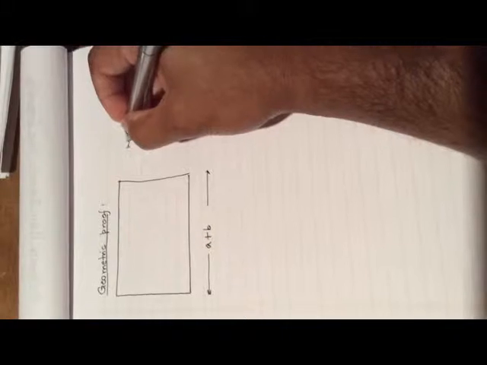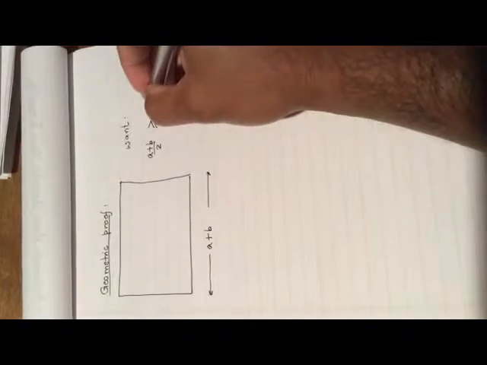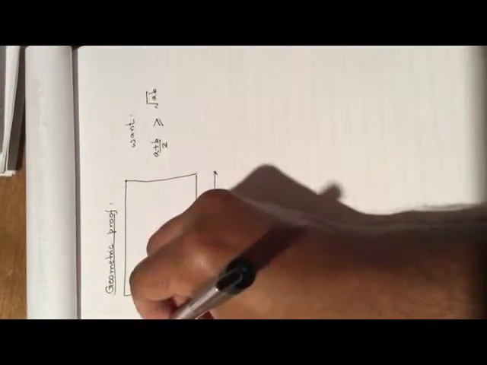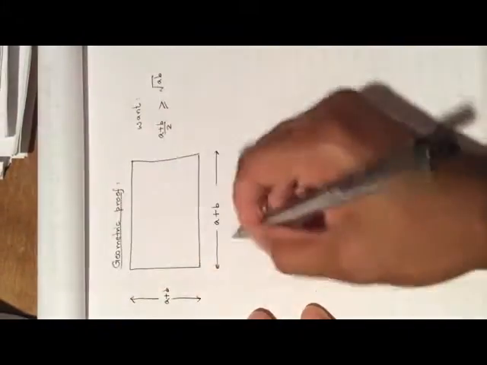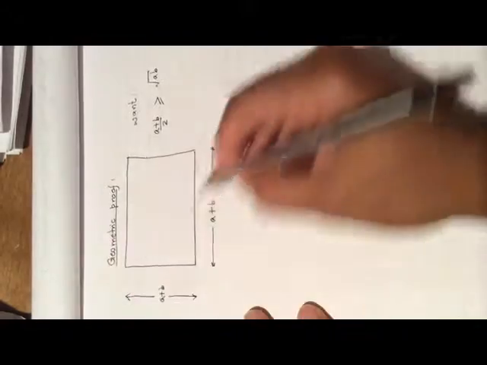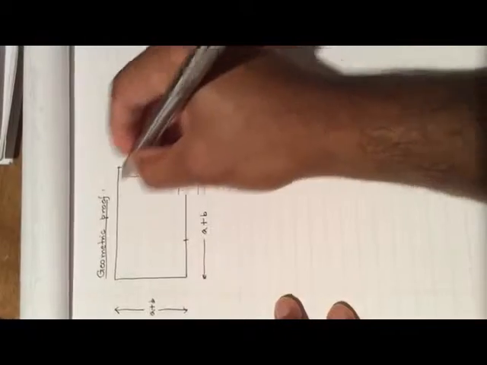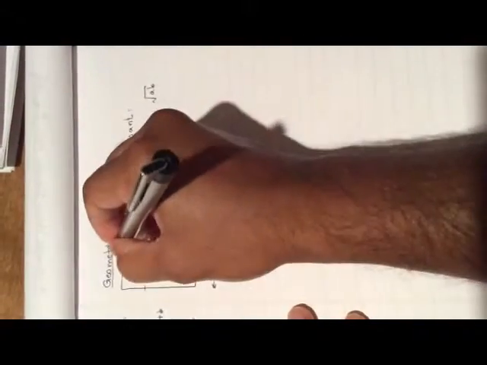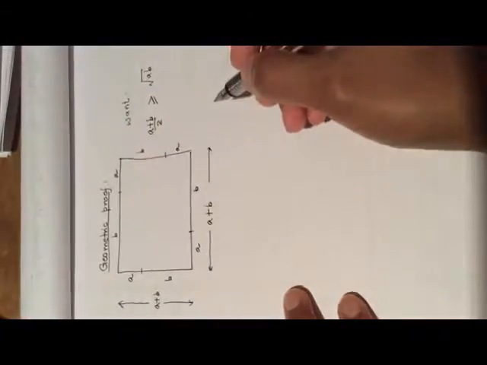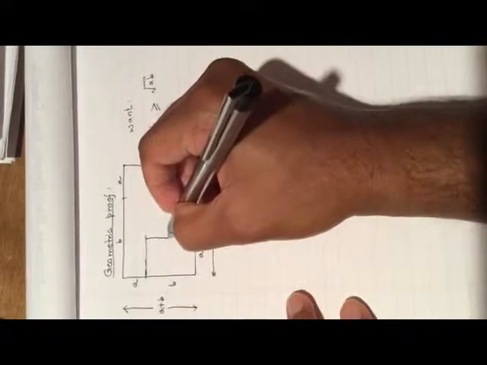Recall, we still want a plus b over 2 bigger than or equal to the square root of ab. So I'm going to choose a square of length a plus b and height, width a plus b. And I'm going to mark off, let's say this is a, this is a, this is a, and this is a. So here's a, here's b, a, b, a, b, a, b. And then I'm going to draw these rectangles like so.